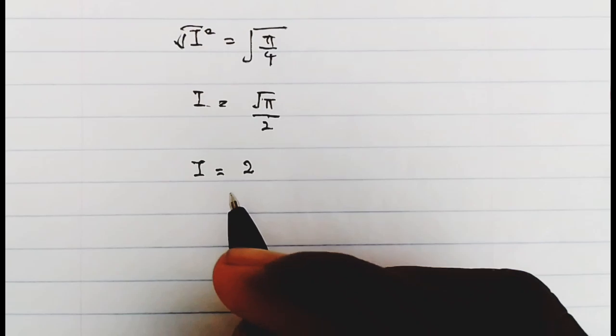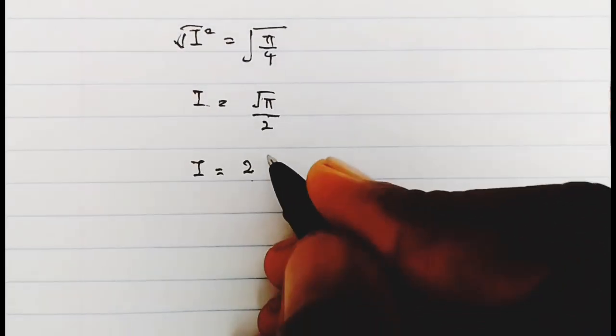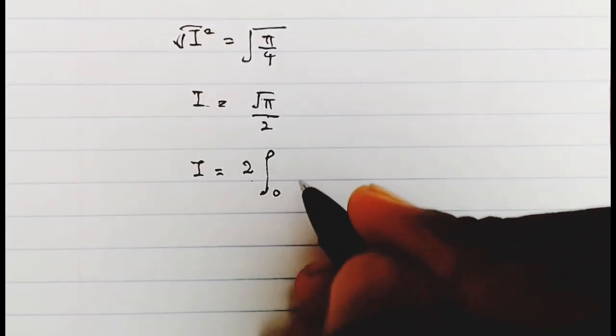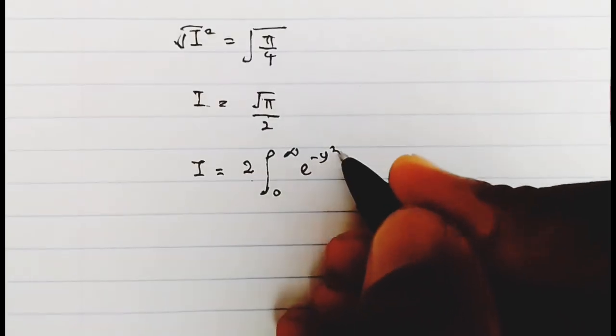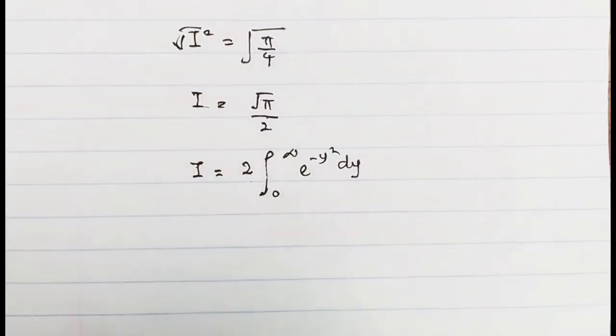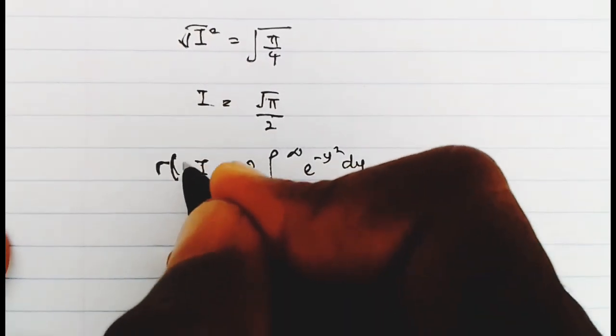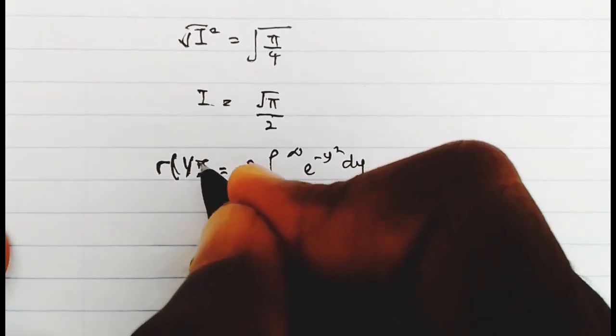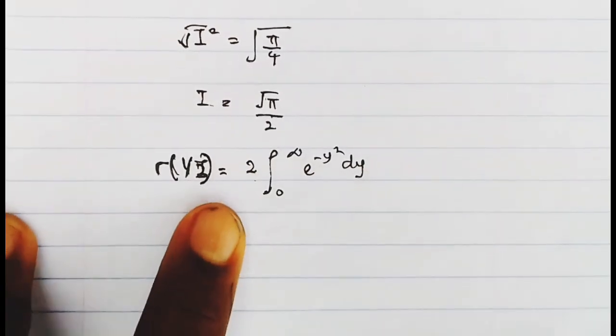What we are integrating is the gamma function of 1 over 2, not I. So the gamma function of 1 over 2 is equal to 2 times the integral from 0 to infinity of exponential minus y square dy. Remember, I was this one.